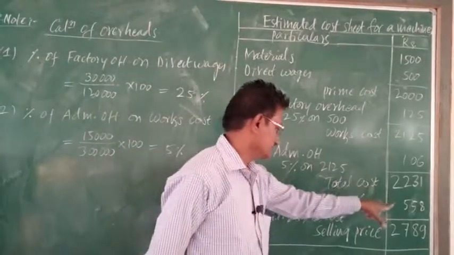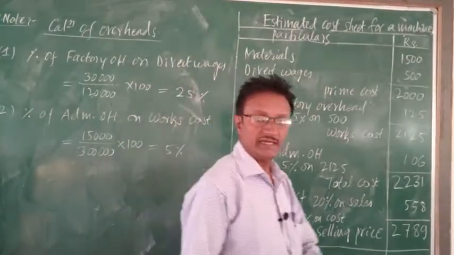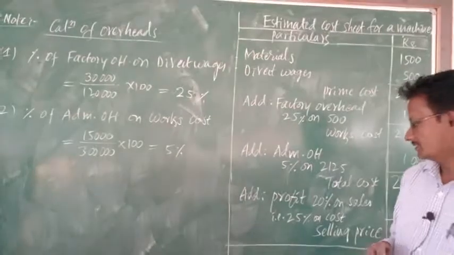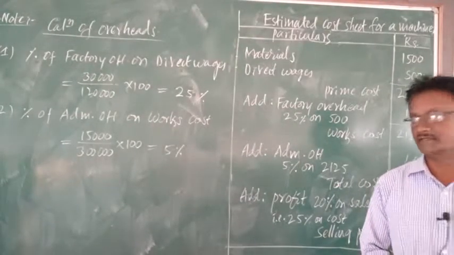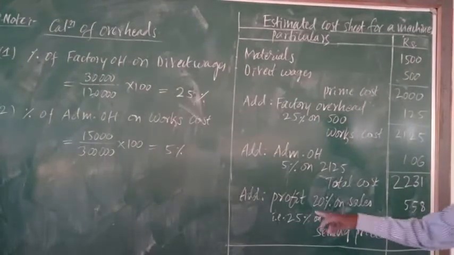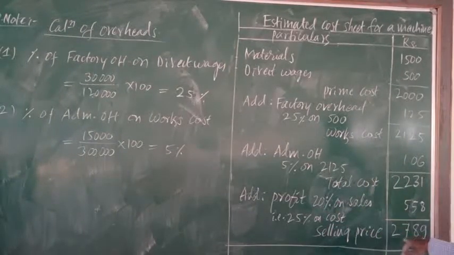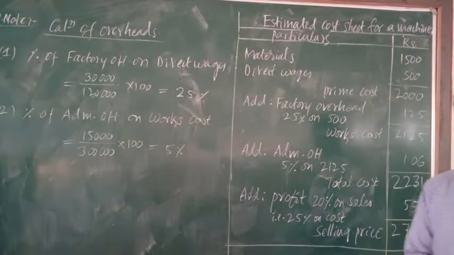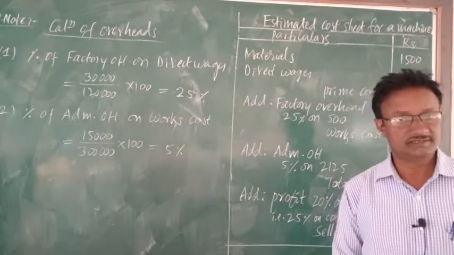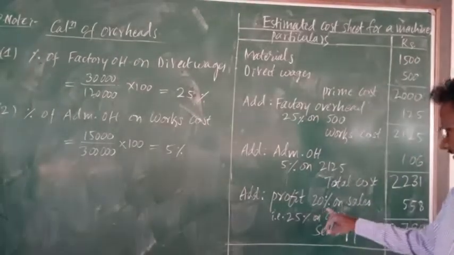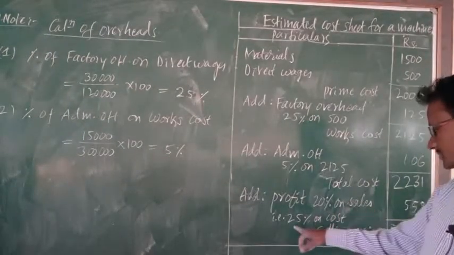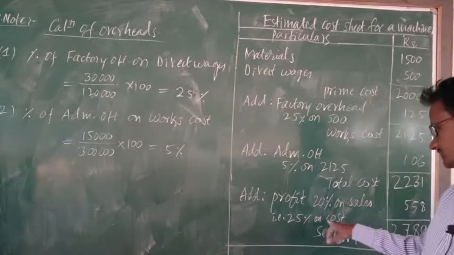And we have to add profit to get the sales price or quotation price. Here profit is given as 20% on sales. The relation, as you have studied already in the previous semester, is that 20% on sales is equal to 25% on cost.